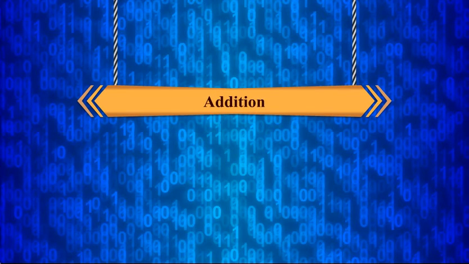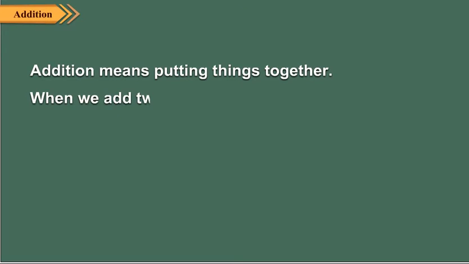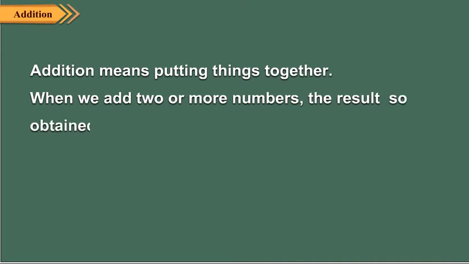Hello children! In the previous classes, you have read a lot about addition. Do you remember all the basic terms related to addition? Addition means putting things together. When we add two or more numbers, the result so obtained is called the sum.